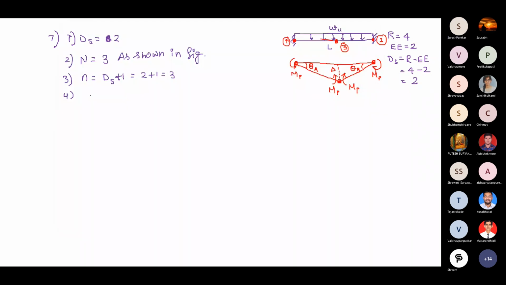Then we have number of independent mechanisms equal to n minus ds. N3 ds2 is 1. Fifth plastic moment.